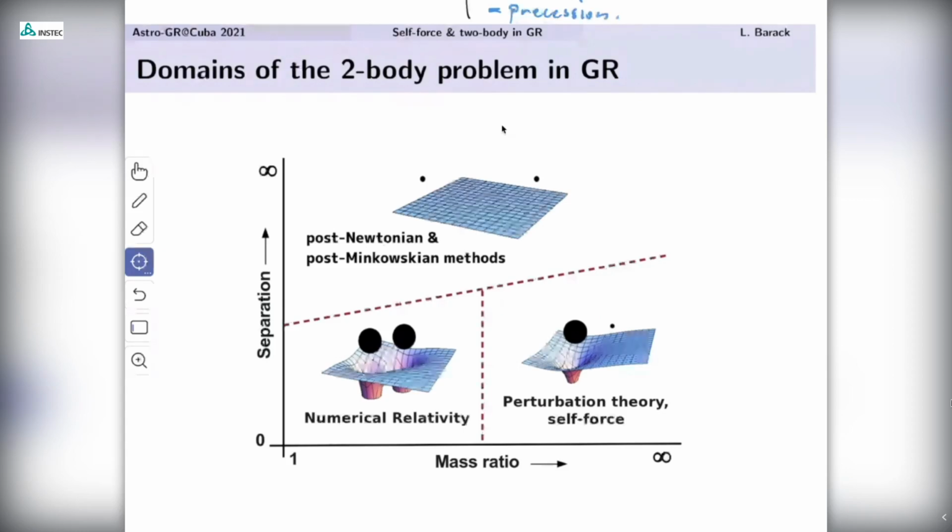And that pushes it away from its geodesic motion. And you can take these effects into account order by order in the small mass ratio. If these things have a structure, some tidal moments or spin, then you can also take them into account order by order in the small mass ratio. So that's the territory we're working on when we look at MRIs.